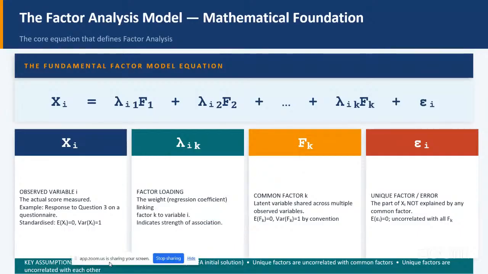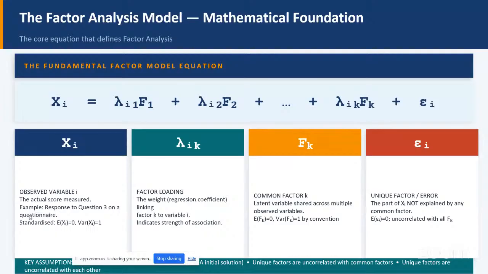So this is the form of the model, like Xi. What is Xi? Xi is our observed variable. These are the loadings, factor loadings, lambda ik, and F1, F2 up to Fk are the latent factors.